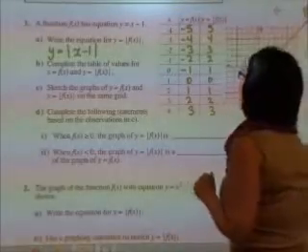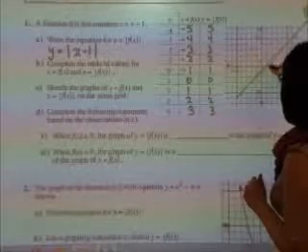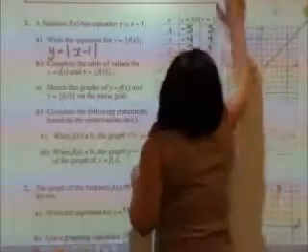And for my absolute value equation, these right here would be 0, 4, 5.